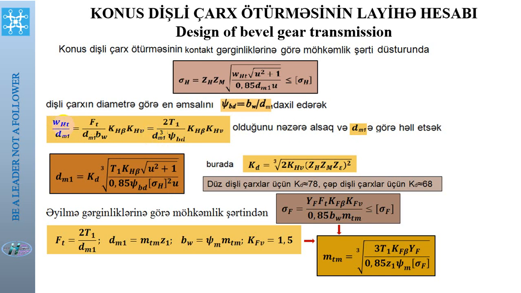Then, taking these equations into account in the Hertz equation, we can find the equations for the calculation of dm. The factor Kd depends on the type of gears: for straight toothed gears it is 75, and for helical gears it is 68.